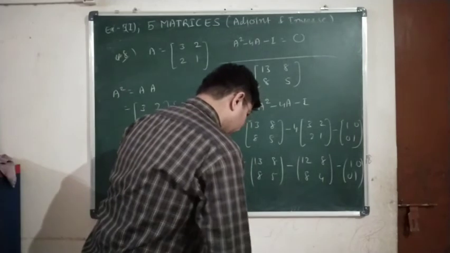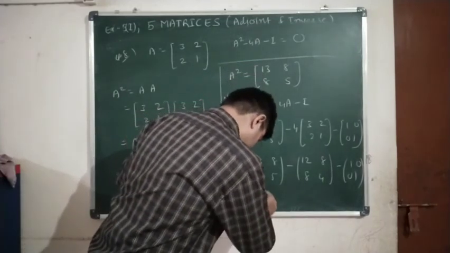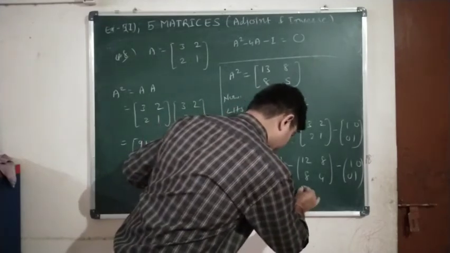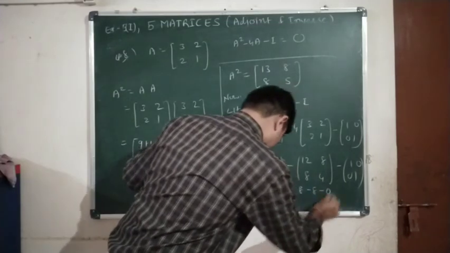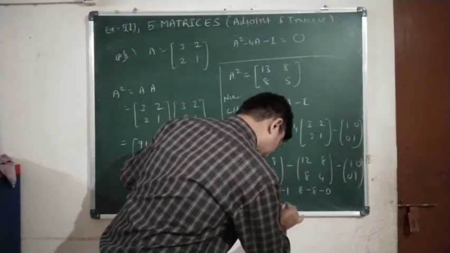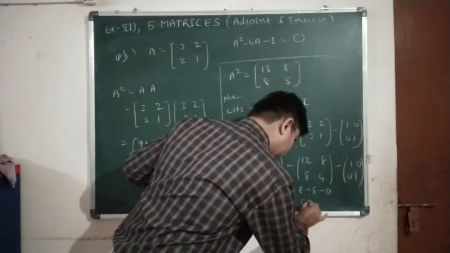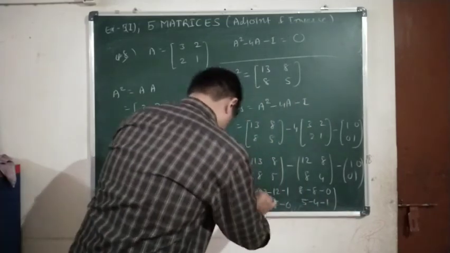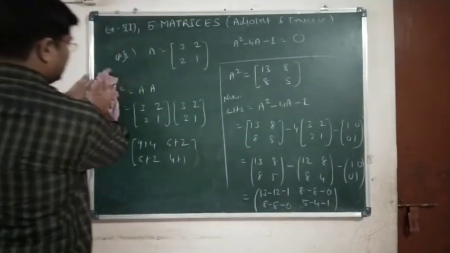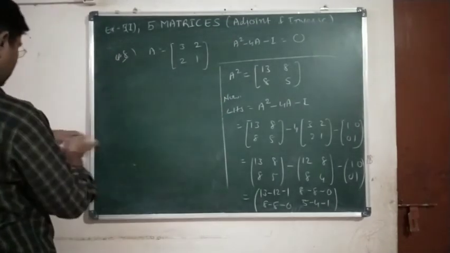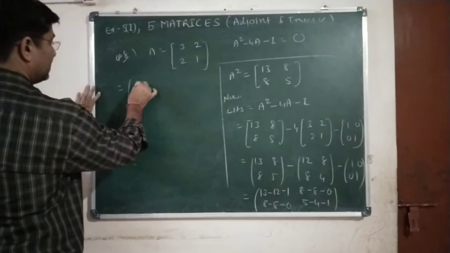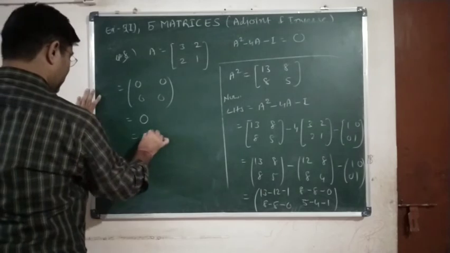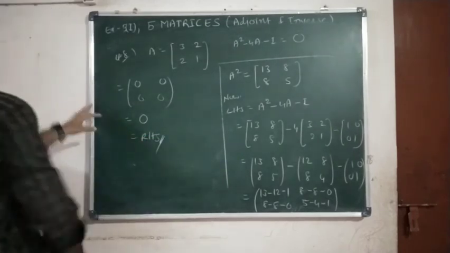Finally 13 minus 12 minus 1, 8 minus 8 minus 0, 8 minus 8 minus 0, and 5 minus 4 minus 1. On solving these expressions inside the matrix, we will get 0 0 0 0, which is a null matrix, which is equal to RHS. Clear?